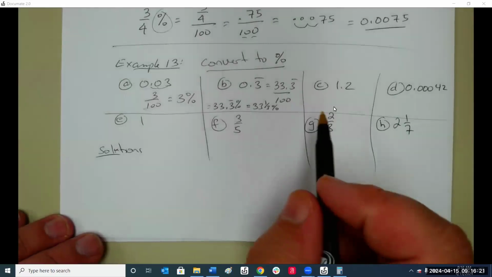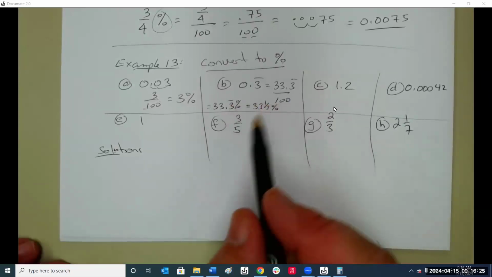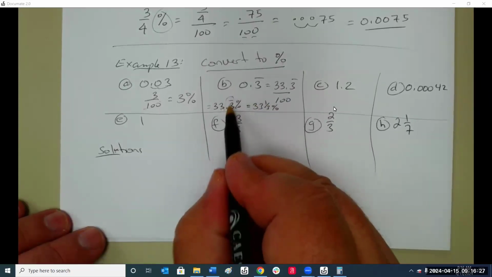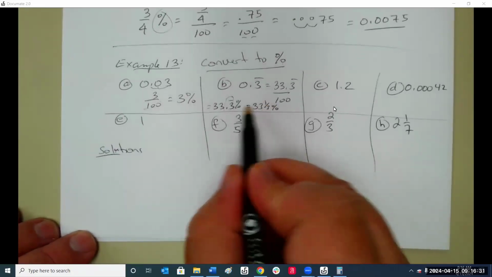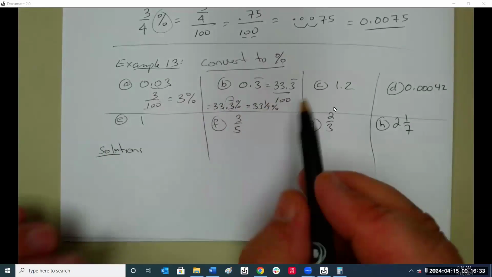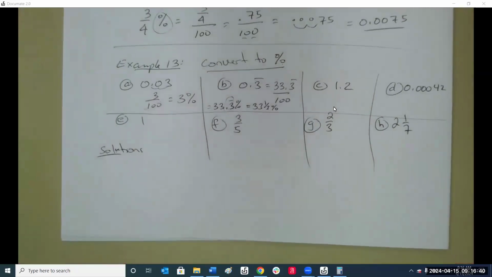Because ideally, we don't want a bar because we want a straight up percent. Because 3 bar, yeah, we know what it means, but 1/3 is actually more accurate. How about 1.2?